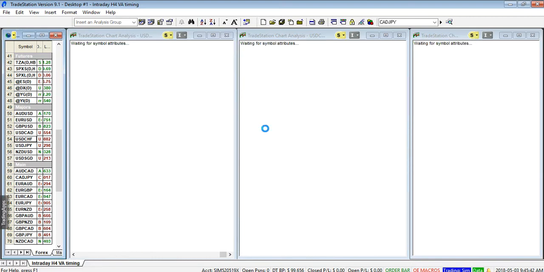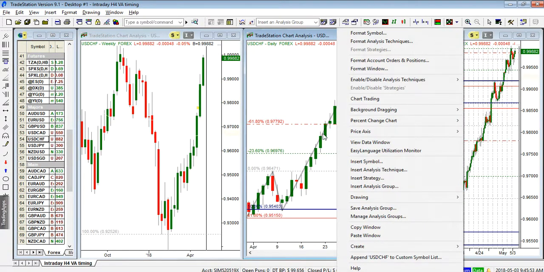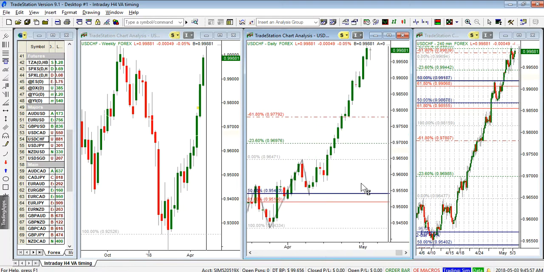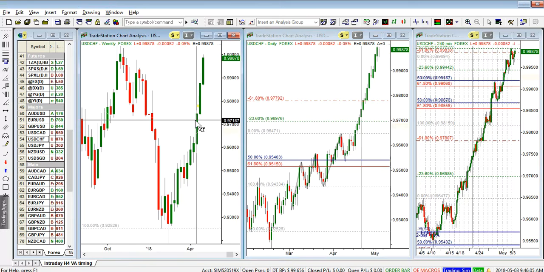US dollar Swiss franc, very strong market, and it has continued its move higher and keeps continuing higher here. Sorry, very weak, of course, the Swiss franc continues its weakness, and in this move higher there is very little structure here, so the extension is going to come into play.